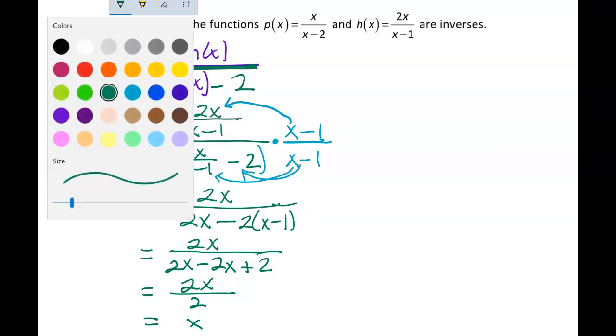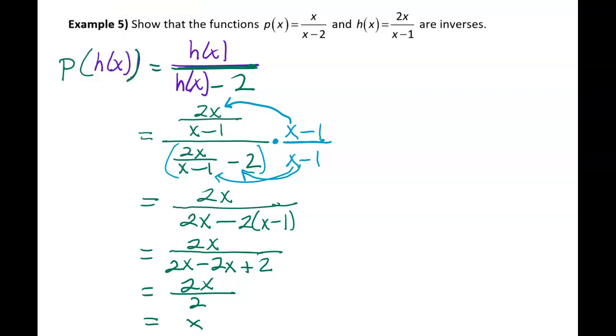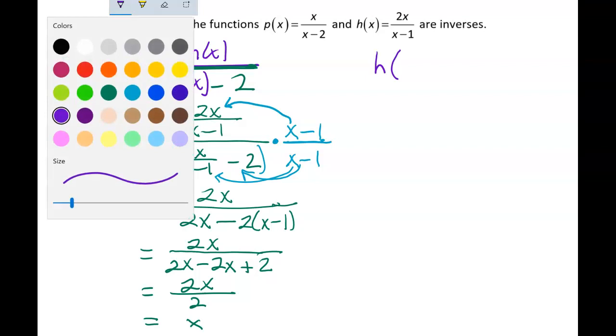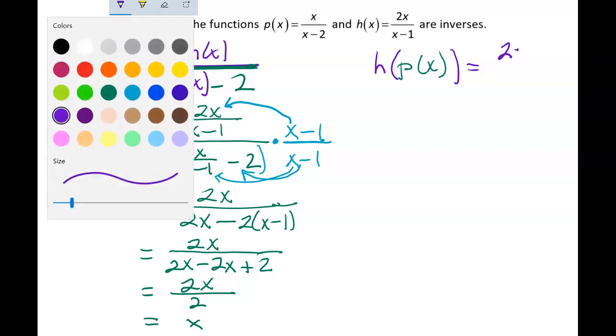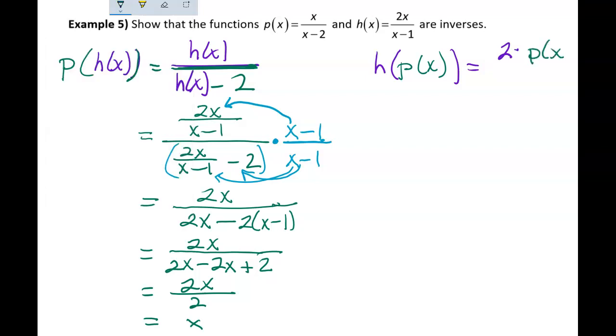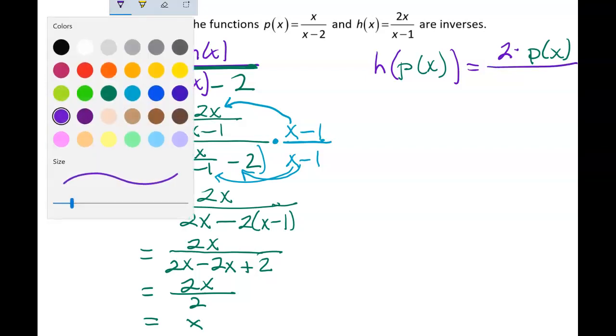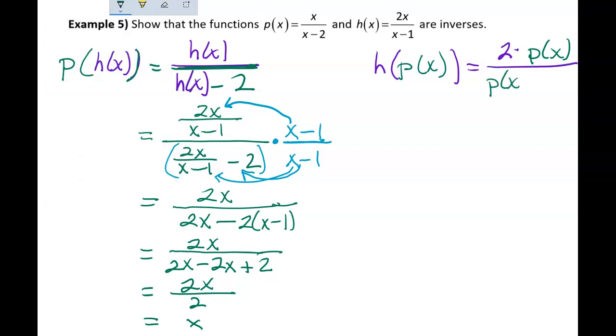All right, now let's check out the other composition. For the other composition, we have h of p of x. So h of p of x is equal to 2 times p of x over p of x minus 1.